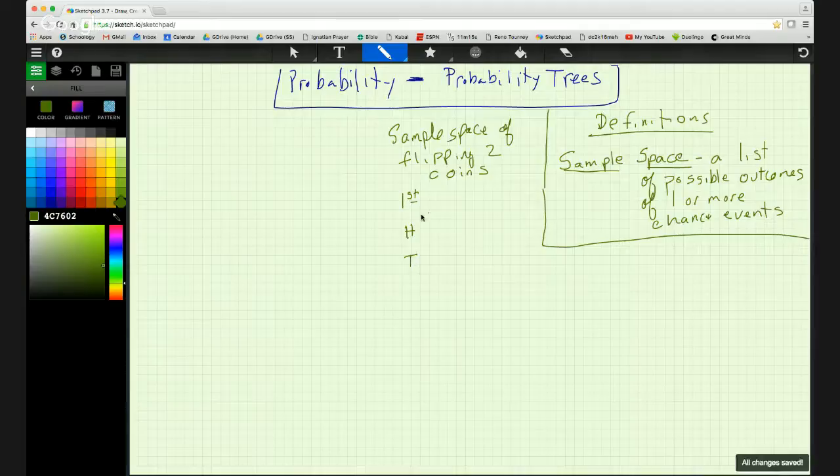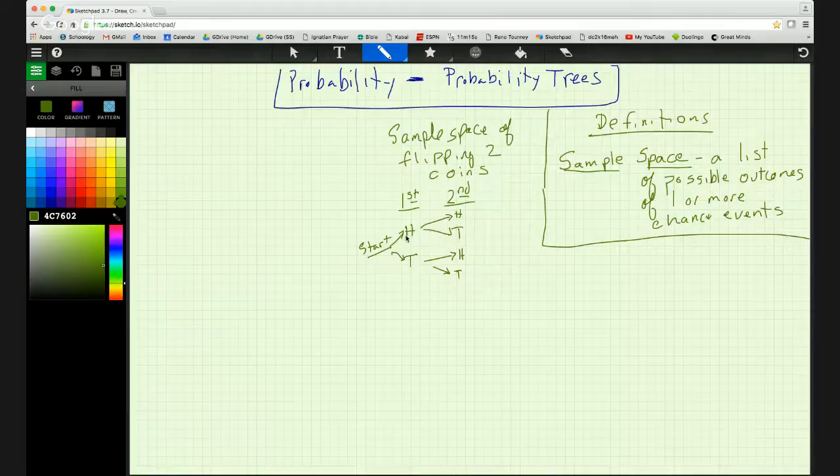I'm going to do this a little bit differently than maybe you've seen before, but just bear with me and I think you'll get what I'm doing. So the first flip and the second flip. On the first flip, you can get a head, but after you get a head, on the second flip, you can also get a head or a tail. And if you get a tail, you can also get, and this is kind of like our first choice. This is kind of the start. We can get a head or a tail. And then on the second flip, we can get a head or a tail. And if we get a tail, then we can also get a head or a tail.